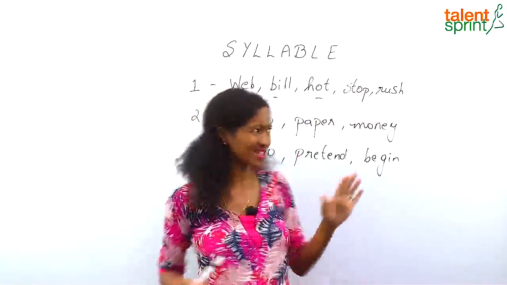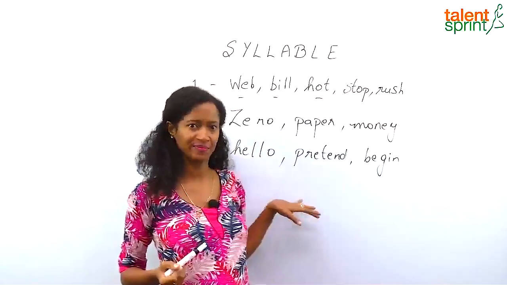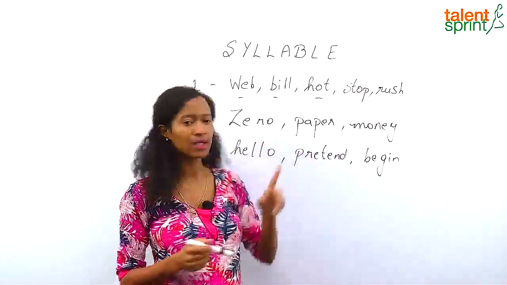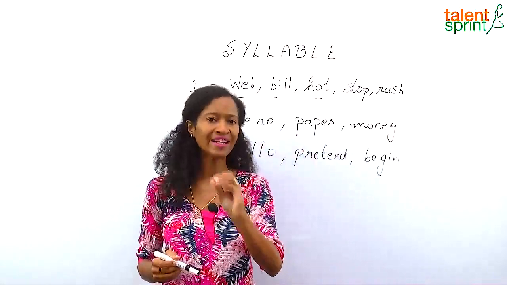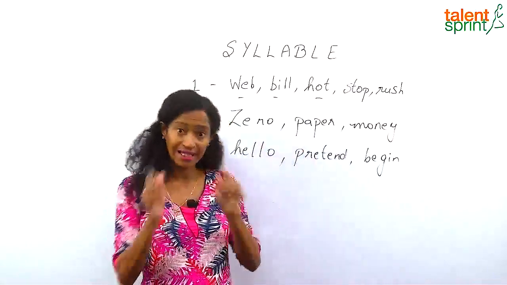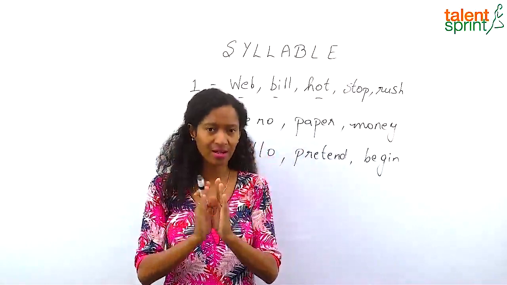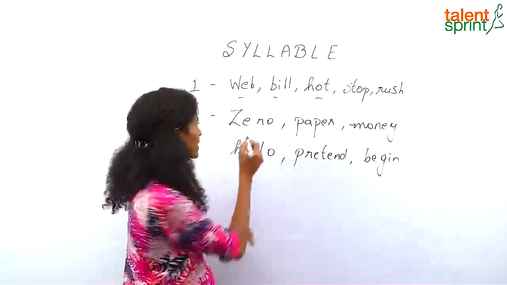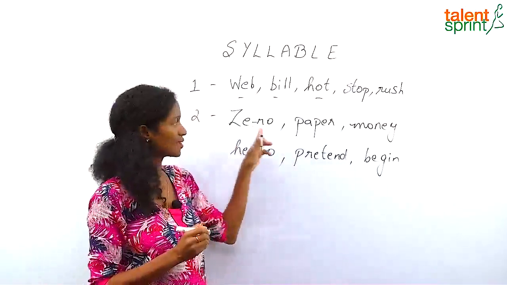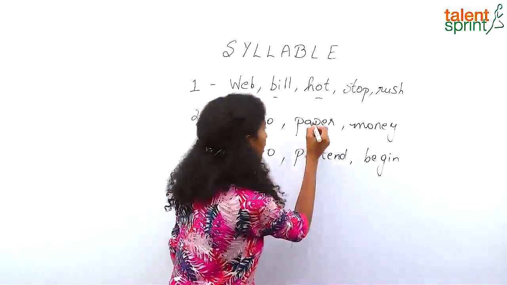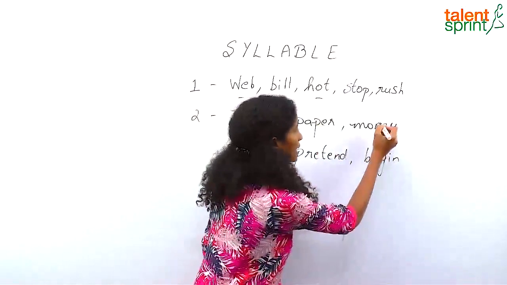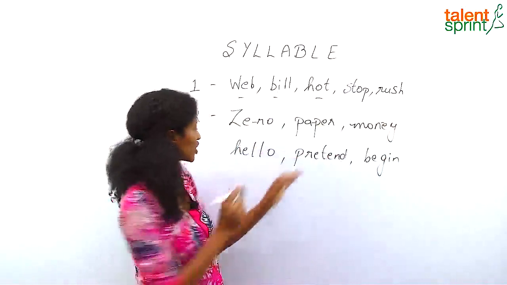So for example, let's take a look at these examples itself. These two syllable words, can you identify? Let's divide the syllables first, right? Zero. This is one syllable, this is two syllables. Paper, money. Clear? So we've differentiated.